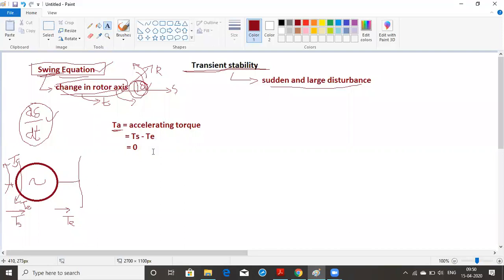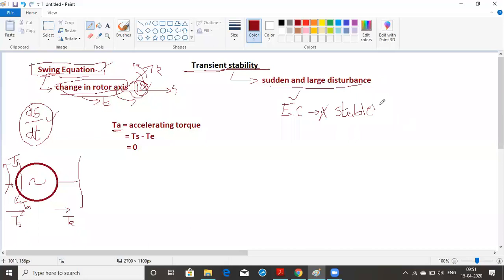One important thing: equilibrium means there is no disturbance. You could not call it stable. Please understand the difference. Practically, you could not call it stable. It is operating under the equilibrium condition.